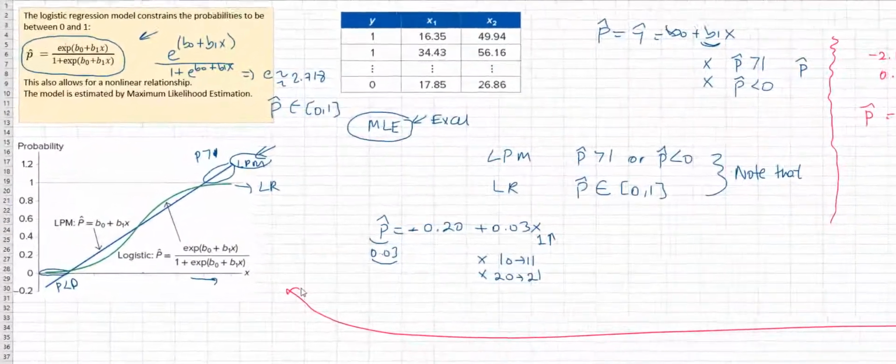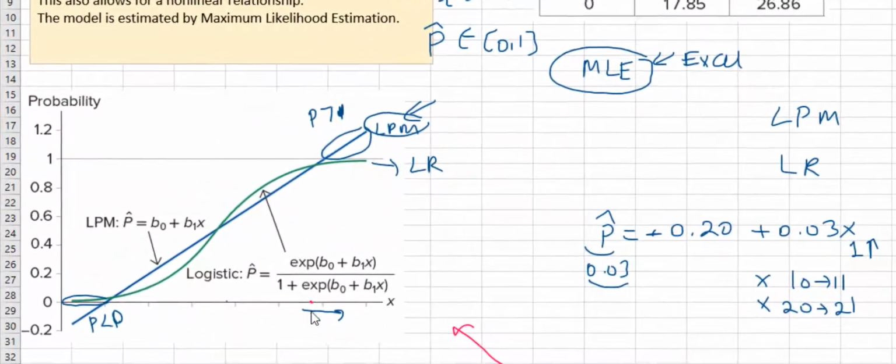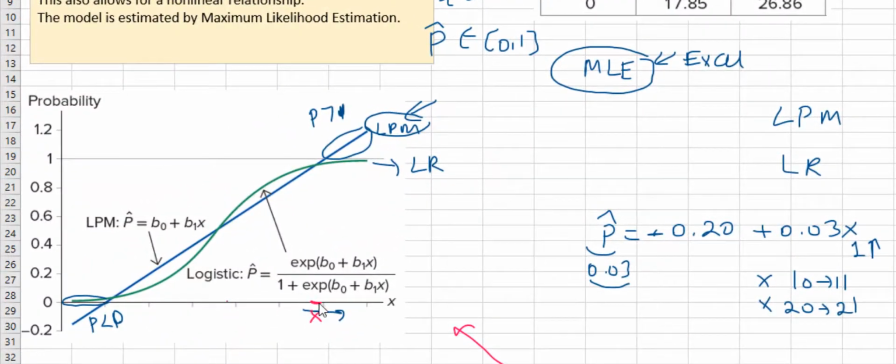Let's go check here. When x is small, a given change in x will change the probability this much. But when x is large, the same increase in x changes the probability only this much.